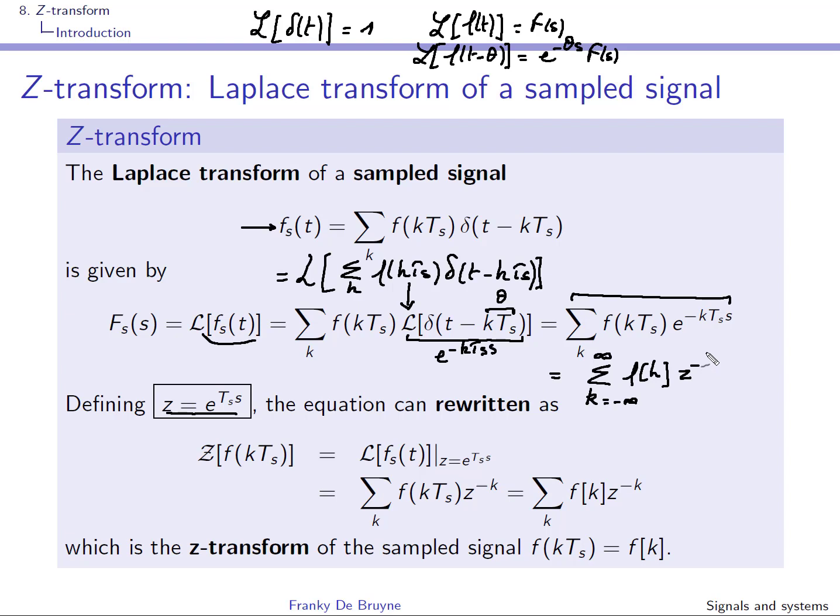So this will give us z to the minus k, and this will be the z transform of the sequence f of k. Okay, and you can simply obtain it by looking at the Laplace transform of a sampled signal and then define the variable z as follows. So this is something that you should be able to obtain by going through this kind of calculations.